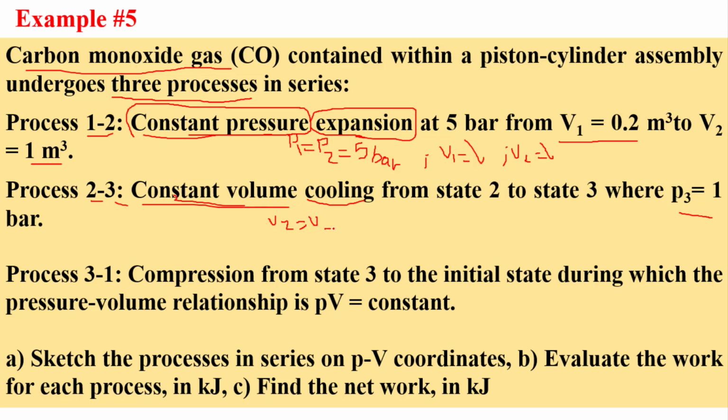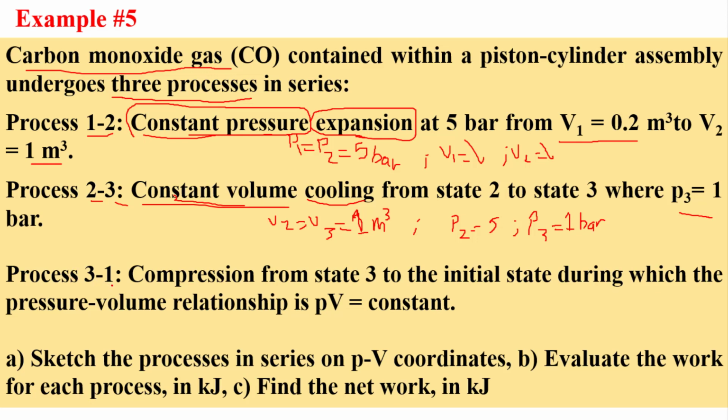That means V3 equals V2 equals 1 meter cube. Again P2 is given in the previous process, 5 bar, and P3 equals 1 bar.